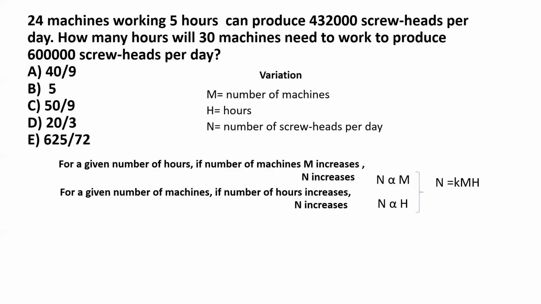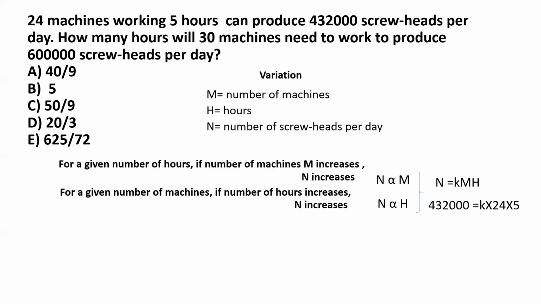And from the very first line of the problem, we are given N, M, and H. So we are basically given N is equal to 432,000, right? And then M is equal to 24, that's the number of machines, and H is 5.